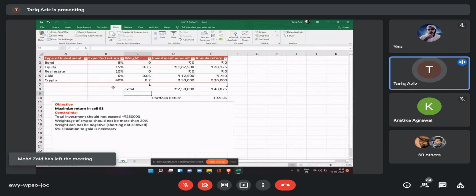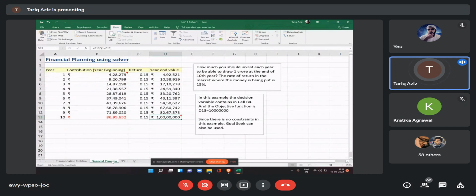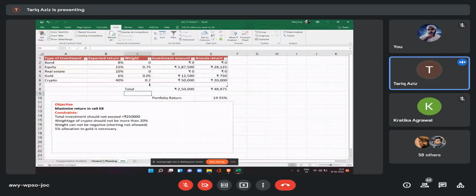This is a very simple problem where expected return is there, and we have to only calculate the amount of profit that is maximum given some constraints, and the constraints are already specified here. If I'm not able to get what specifically you are trying to ask, sorry for that.